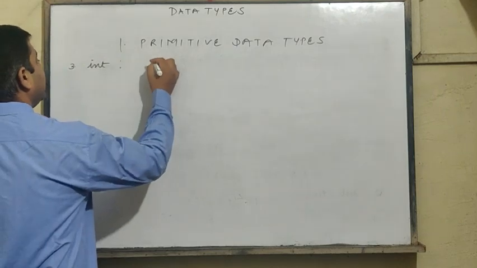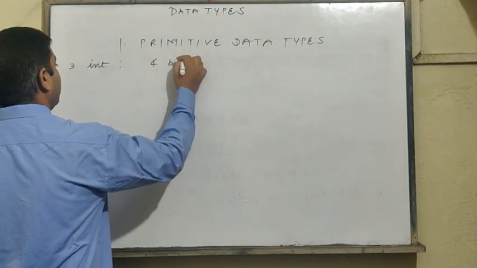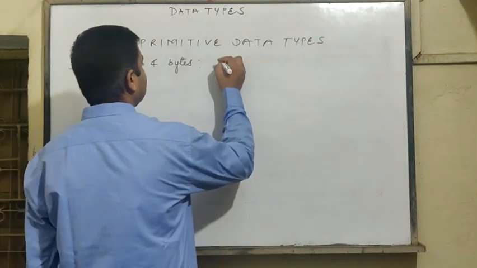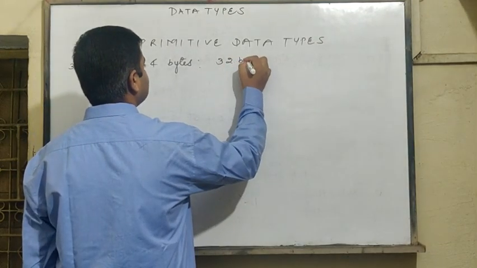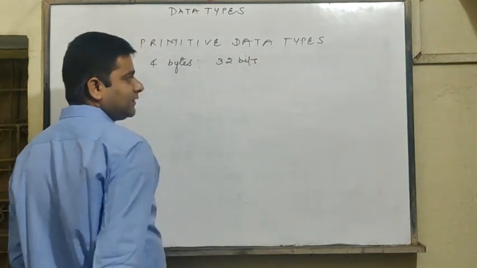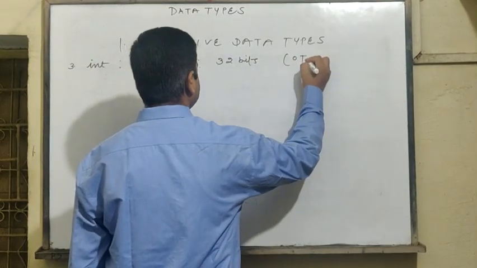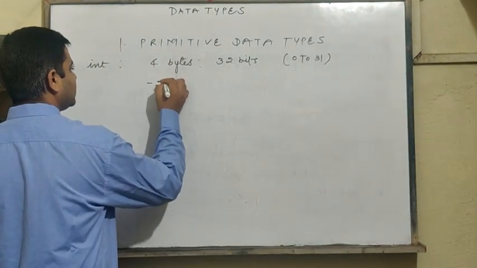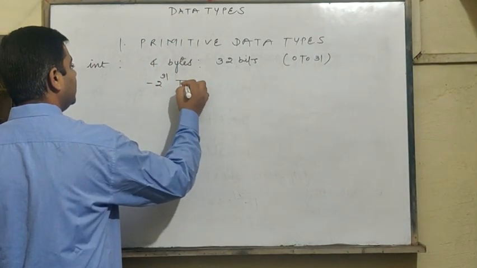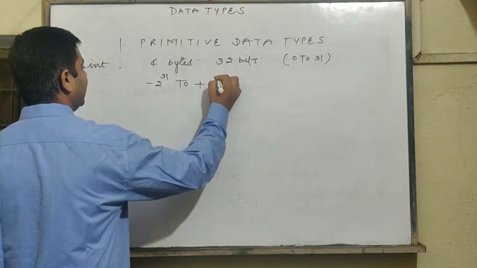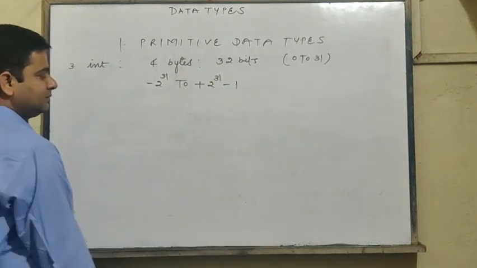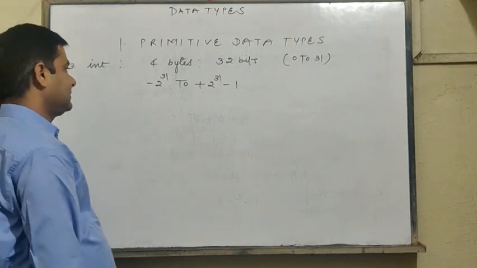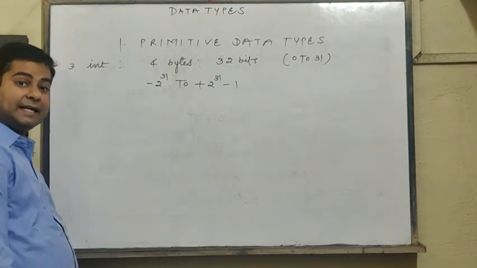Integer data type assumes 4 bytes of memory. 4 bytes means how many bits? 32 bits. The bits are always counted from 0 to 31. So its size you will calculate like minus 2 raised to the power 31 to plus 2 raised to the power 31 minus 1. This is the formula to calculate the size, minimum value and maximum value which we can store in integer data type.